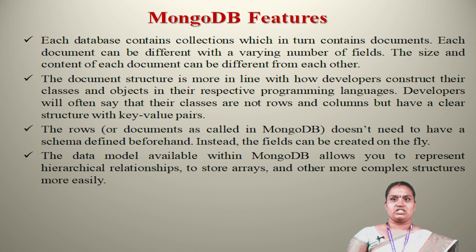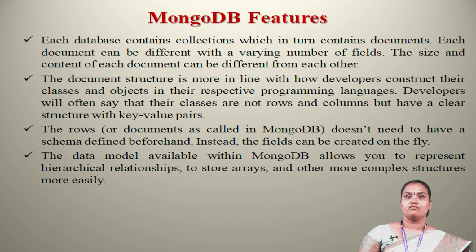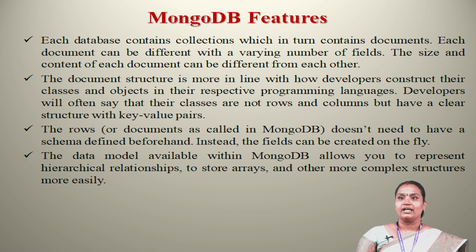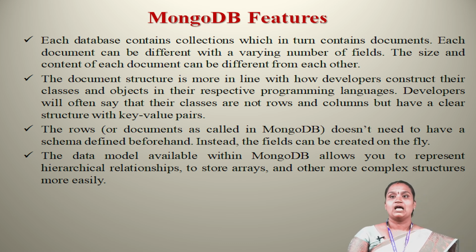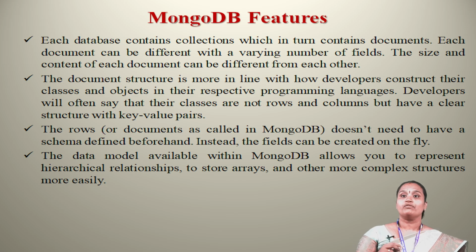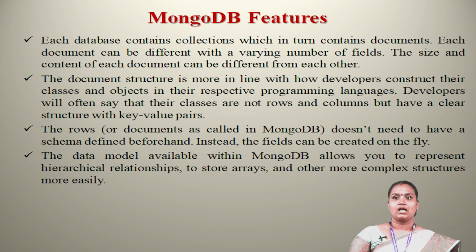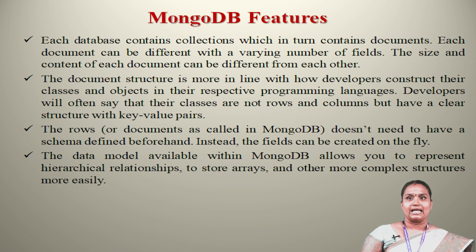MongoDB database features. Each database contains collections, which in turn contain documents. Each document can be different, with a varying number of fields. The size and content of each document can be different from each other. The document structure is more in line with how developers construct their classes and objects in the respective programming language.